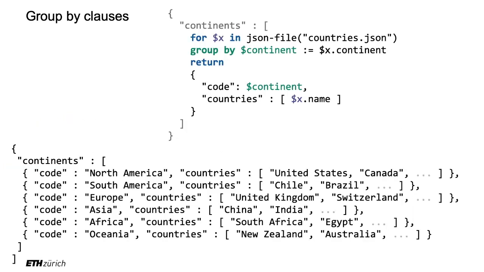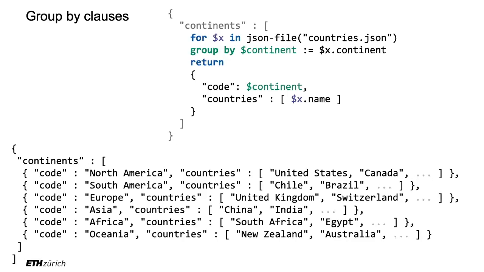Okay, now you have group by. Group by is also like SQL, but it's more powerful than SQL because this you couldn't do with SQL. So imagine that I create an object with all my continents. Then inside that array, I'm going to compute the continents. How do I do that? I iterate over the countries, and I have this group by. It means that I'm putting the countries in little packets.